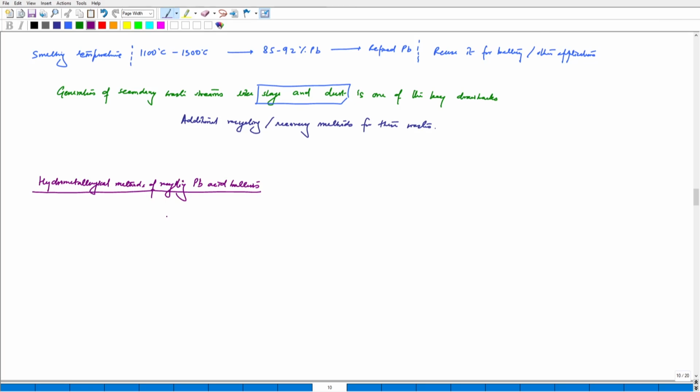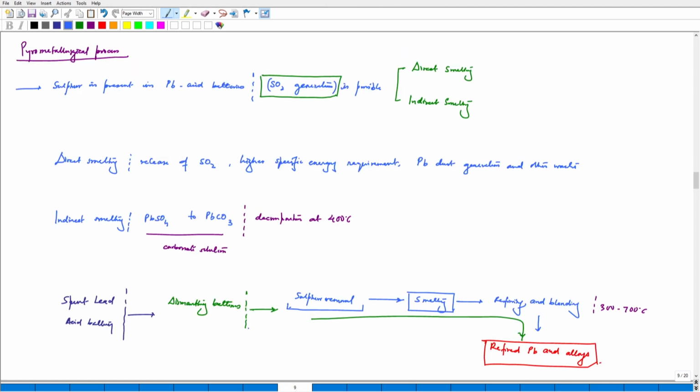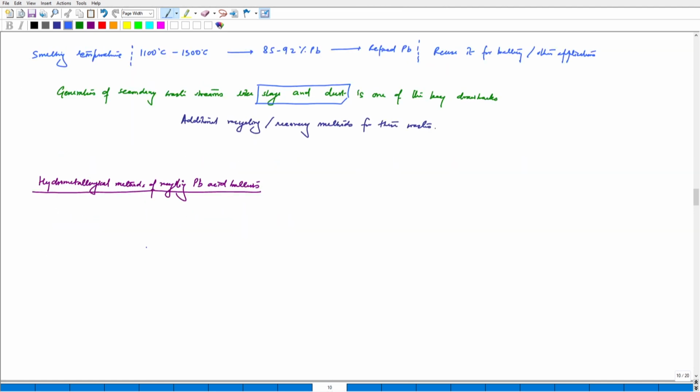A general outline similar to what we saw for lead acid batteries in the pyrometallurgical route, we will now be looking at for the hydrometallurgical process as well. So now we have the battery paste from spent lead acid batteries.